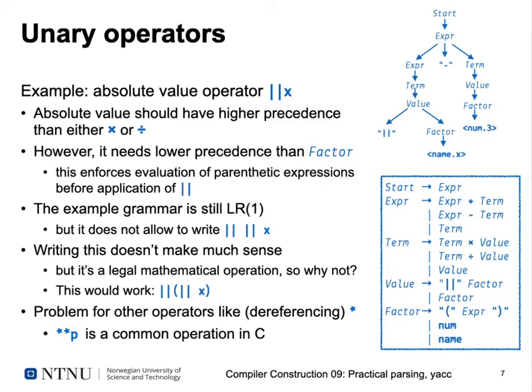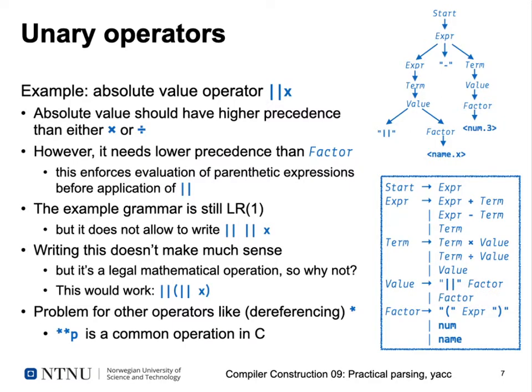This example grammar is still LR(1), but we have a problem here. This problem is that value in both cases just directly goes to factor. So if we wanted to write absolute value of the absolute value of x, this wouldn't be possible in this grammar, because the first time we read the absolute value symbol as a token, we immediately continue to factor in our grammar, and there's no way to immediately express something like our value again.